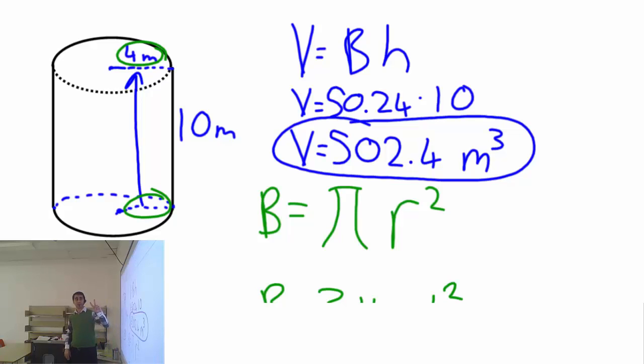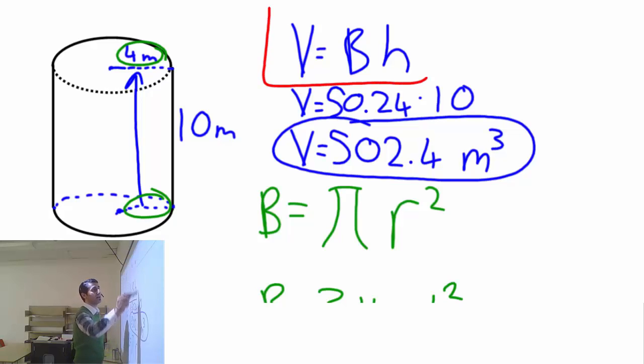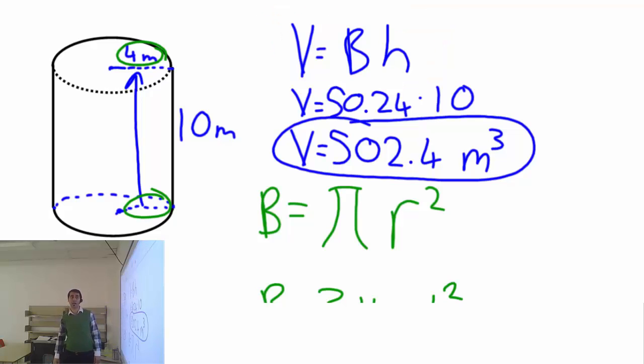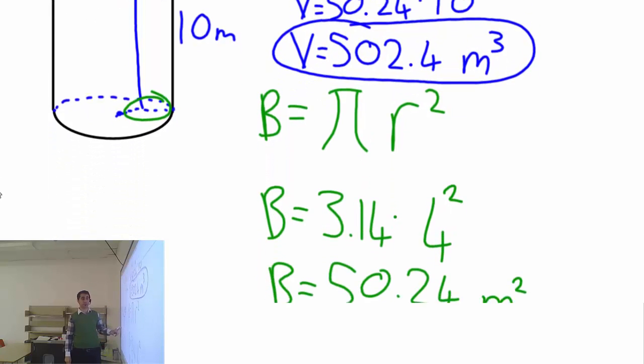It takes 2 steps. You first write down the formula, and when you write it down, you know that you have the H, but you do not have the B, which is the base area. We know that the base area is a circle. It's hard to see in 3D, but now you know it's a circle. So we need to calculate the area of the circle.